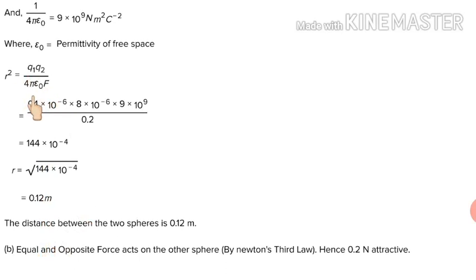Finally we'll have R square is equal to Q1 Q2 upon 4 pi epsilon naught F. Now in place of Q1 and Q2 we substitute their values, in place of 1 upon 4 pi epsilon naught, 9 into 10 to the power 9 will come, and in place of F, 0.2 will come. When we solve all these, finally we'll have R is equal to 0.12 meter. So this much distance is there between these two charges.